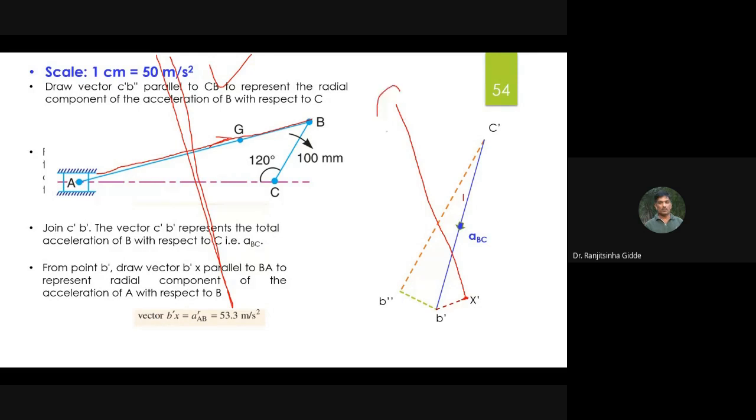This end point we do not know, so that is why we draw such a dotted line.